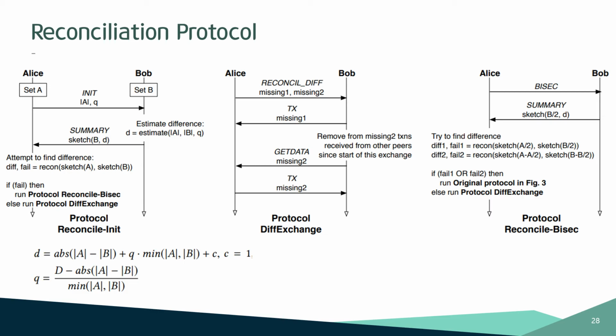So that means Alice does reconciliation 2 times with half of the set size. If one of these fails, then at least try the BTC flood step to get all the INV messages.